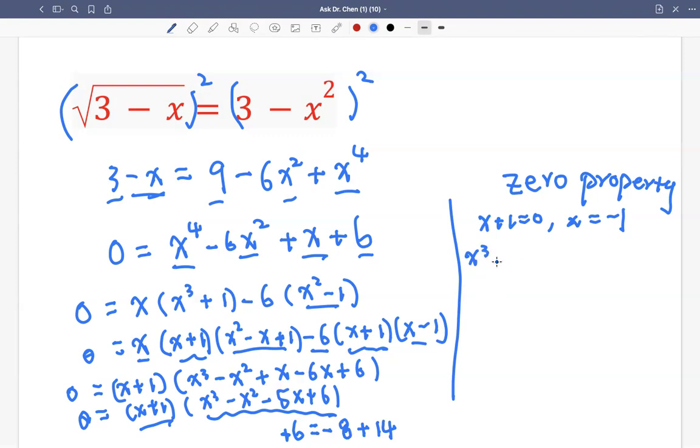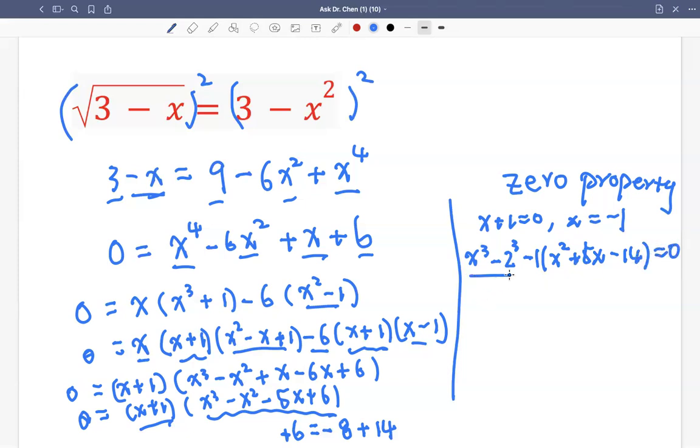We want to do x cubed minus 2 cubed, because a is 2 cubed. Then minus x squared plus 5x. So basically I factor out the negative 1 from here, I factor out negative 1 for the rest of the terms. Then positive 14 factors out to be negative 14.